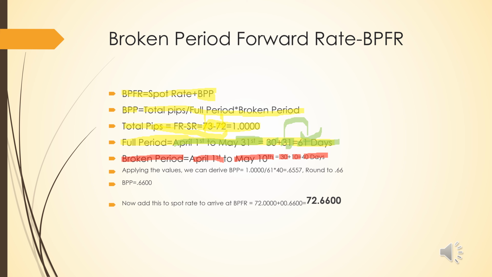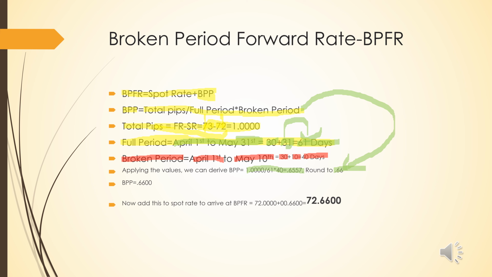So replace these values in the equation, and we get 1, that is the total pips, multiplied by 40 divided by 61. Then we get 0.6557 something.